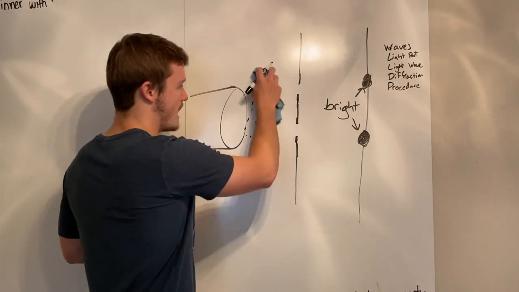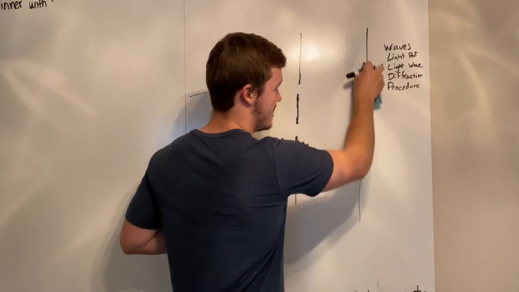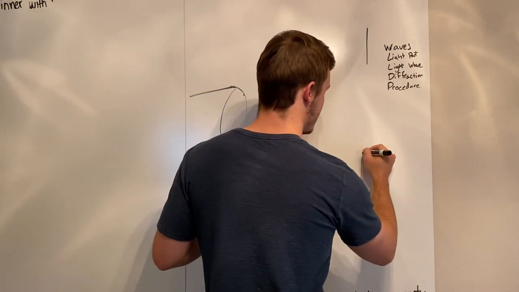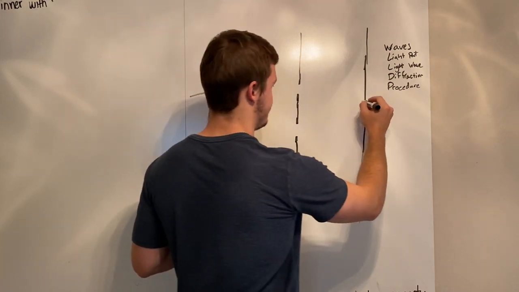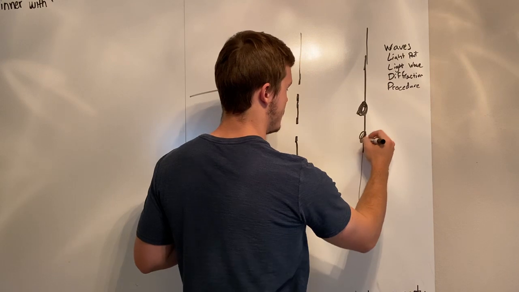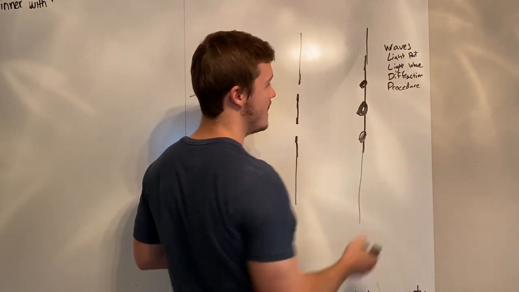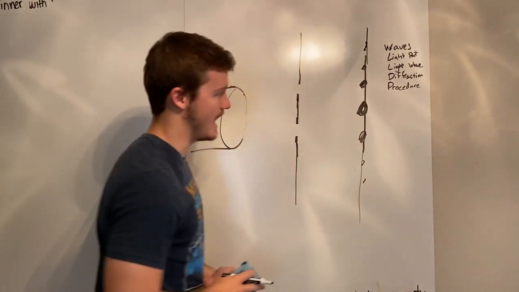Now, what you actually see on the other side is not two bright spots like you might expect. You see something that looks like this. Bright spot, bright spot, bright spot, and then bright spots, bright spots, bright spots going outward like that.